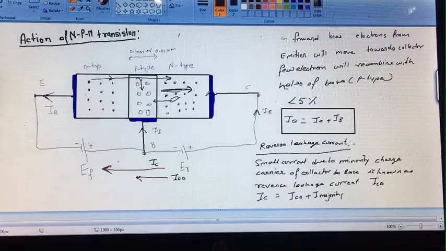So we can write this equation in another form, that will be IE is equal to IB plus ICO plus I of majority.